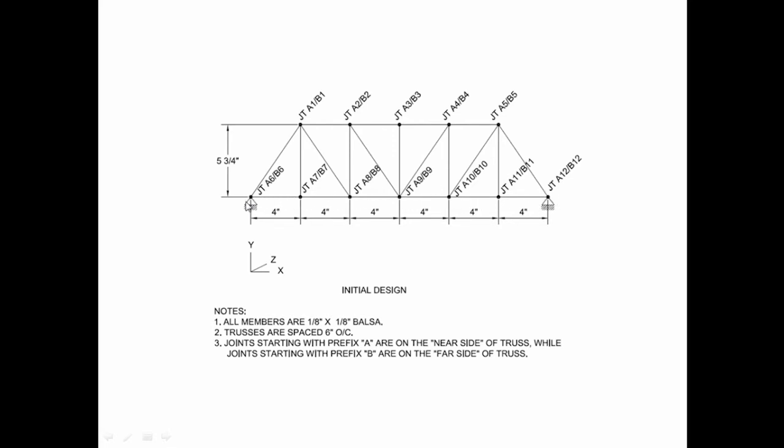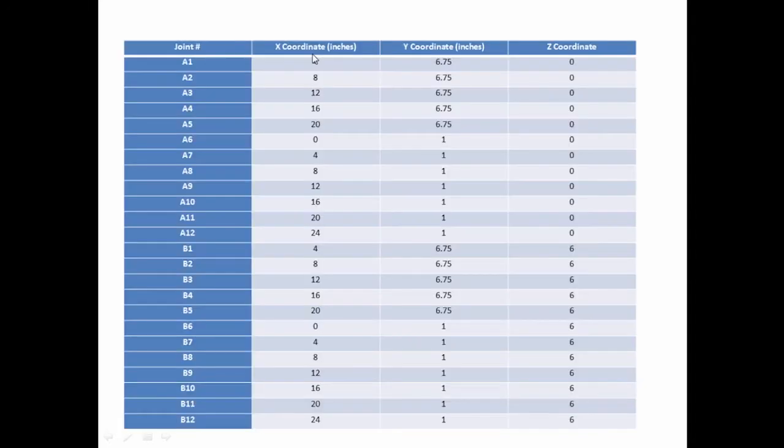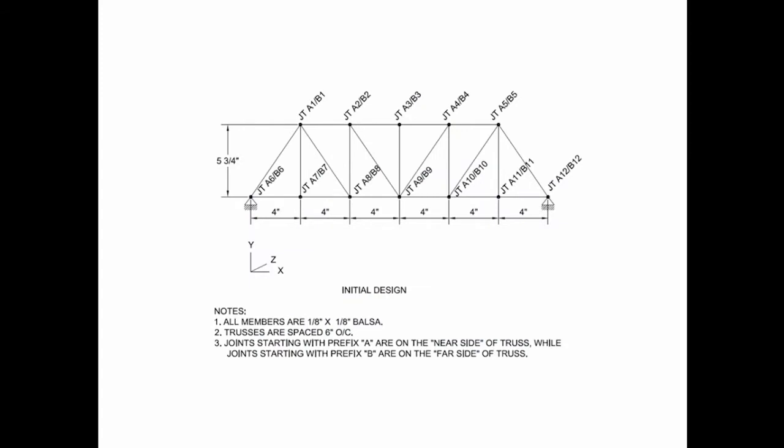I've worked out all the coordinates of my joints in terms of the X, Y, and Z coordinates on my design. These are on this table here. In terms of the height, I'm going to set the base of my bridge to be 1 inch above the origin, the 0, 0, 0 point in my workspace. Why I have done this is to allow me to more easily pick up extra duplicate joints later.